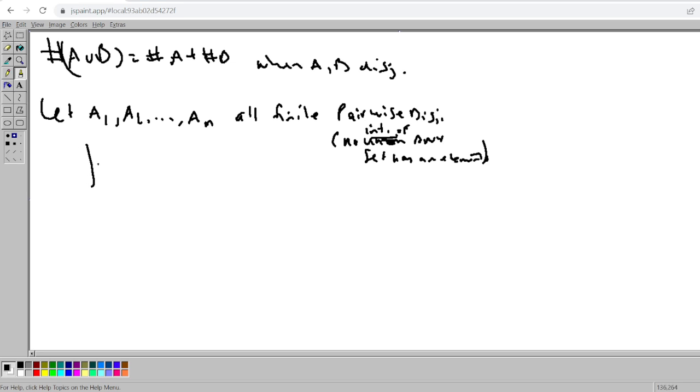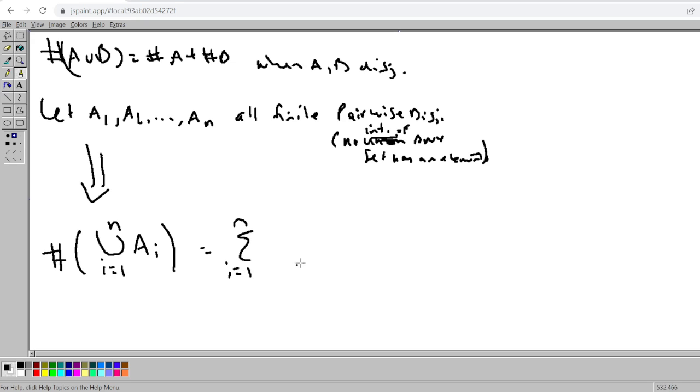Then that would imply that the cardinality of the union from i equals 1 to n of Ai is just equal to the summation from i equals 1 to n of the cardinality of Ai.